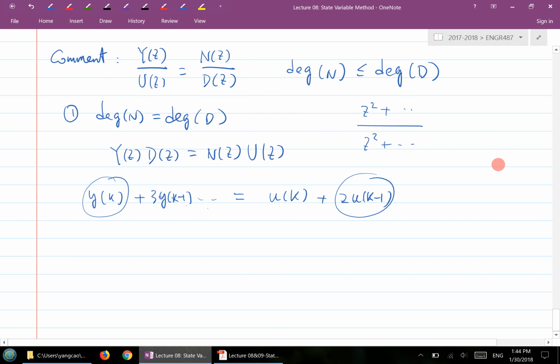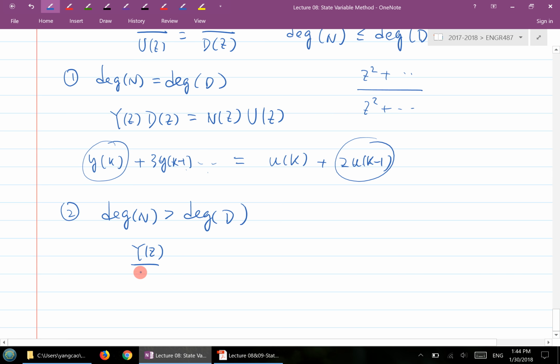However, if you think about the case where the degree of the numerator is actually greater than the degree of the denominator, for example, just for this example here, and you divide this by this, what you're going to get is z plus something like this, because the degree here is greater than the degree of the denominator.